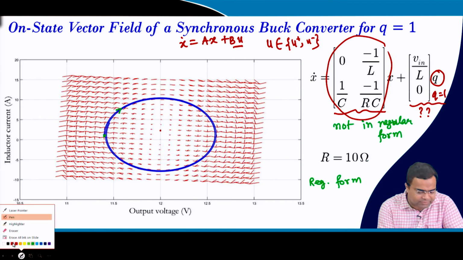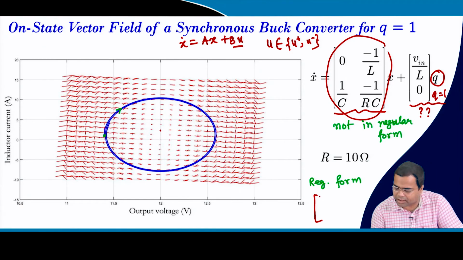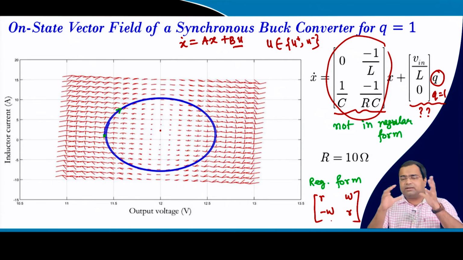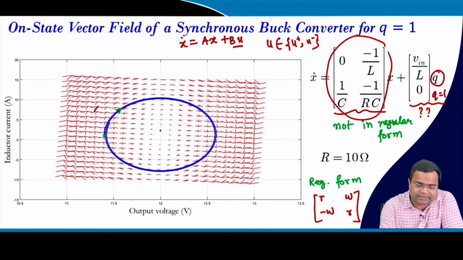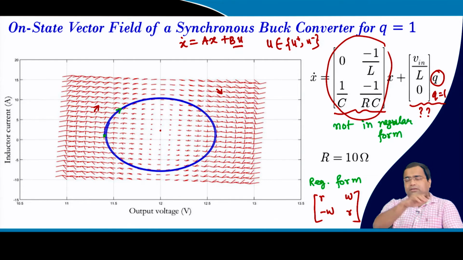The regular form is something like r omega minus omega r, and it is not in this form, but it is a complex conjugate case, and the real part is very small, so it is decreasing very slowly. You can see the vector field showing in this direction, so it is a clockwise motion.